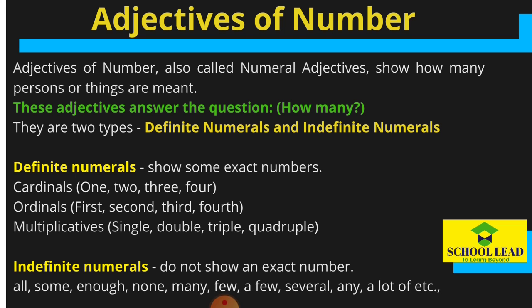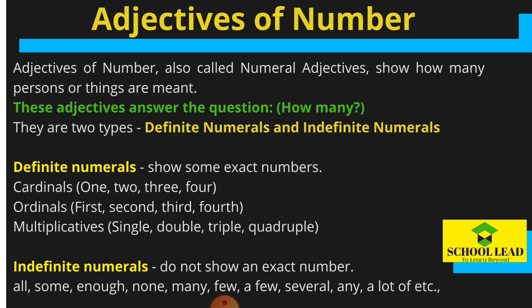Again, now these number adjectives can also be put into different categories. What are they? Definite numerals and indefinite numerals. When they tell about the exact numbers, definite numerals show some exact numbers. Now these numbers can be cardinals like 1 chair, 2 chairs, 3 chairs, 4 chairs.